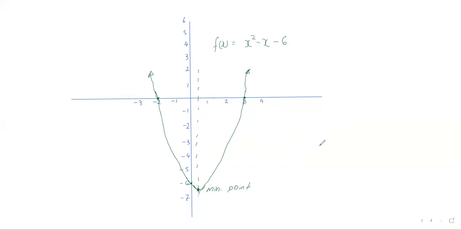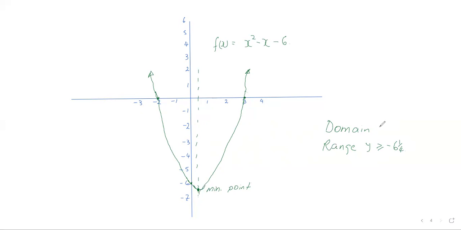Now, we can go further to discuss the domain of this function as well as the range. Having said this is the minimum point that the graph can go, we say the range is y is greater than or equal to -6.25. From here, the graph can go up.